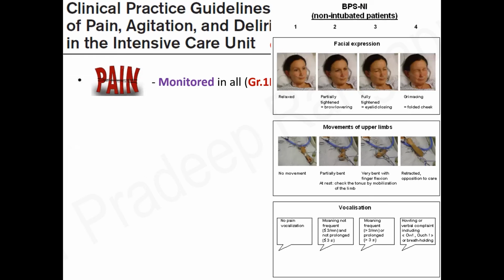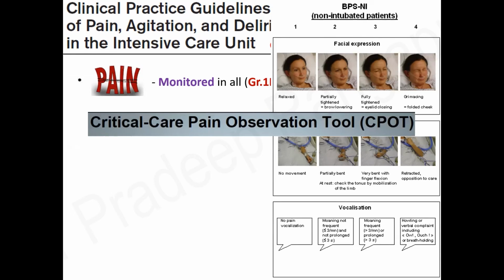And you have various pain scores, and the commonest one many of you would be aware of is the visual analog score. Some of these scales could be utilized to assess if the patient is in pain, and that assessment of pain is something that needs to be done. It's a strong recommendation. There is also something called the critical care pain observation tool that one could use.